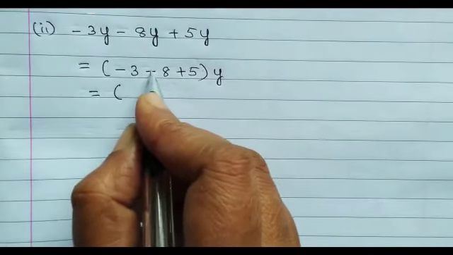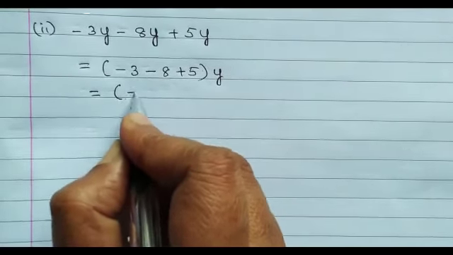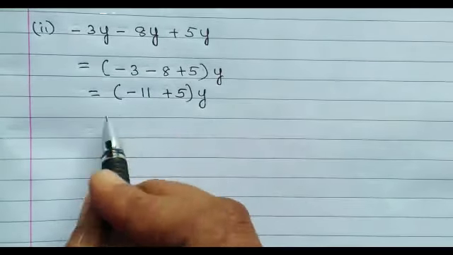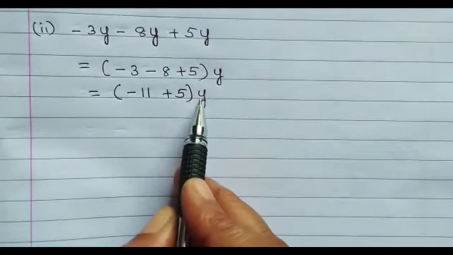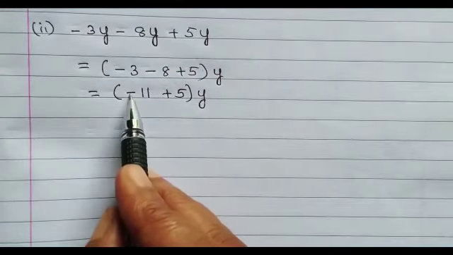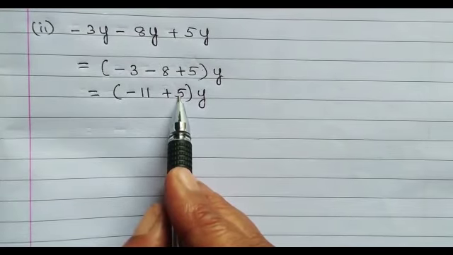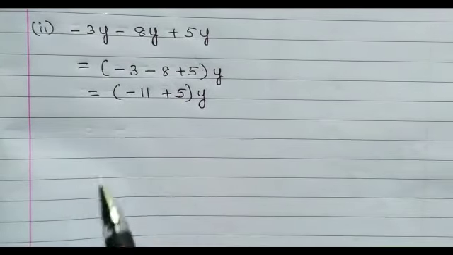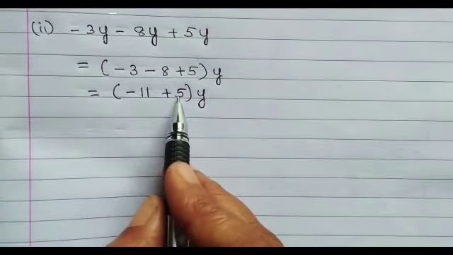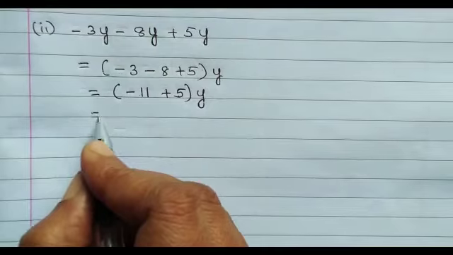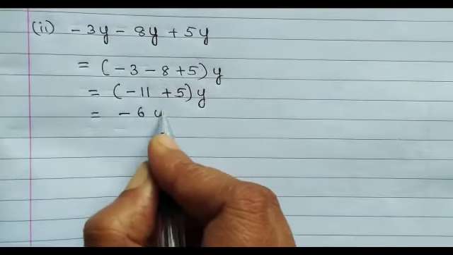Both are having the same sign and 8 plus 3 is 11. So you get minus 11 plus 5 multiplied by y. Now one is negative and the other one is positive. So you have to find the difference and put the sign of the bigger number. So 11 minus 5 is 6 and the bigger number is 11. So the answer is minus 6y.